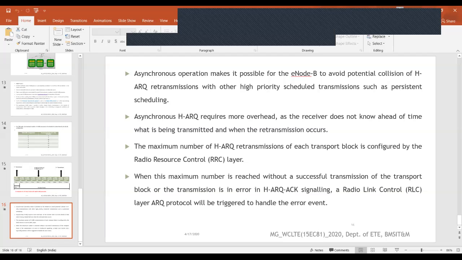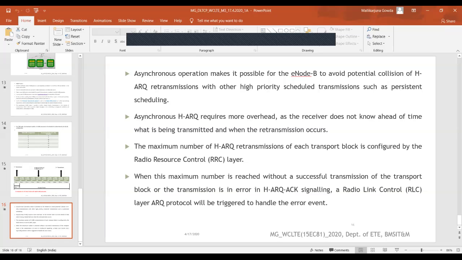So asynchronous hybrid ARQ requires more overhead, because the receiver will not be knowing ahead of time what is being transmitted and when the retransmission will occur. As I said, the retransmission need not be in order.